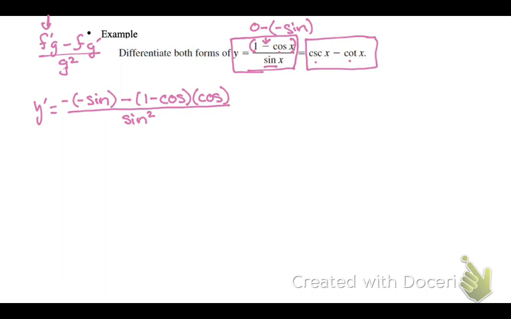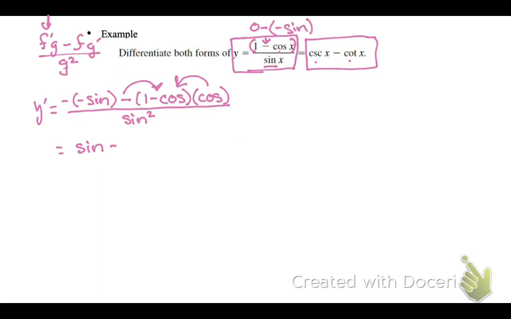Okay, so now I need to consolidate, right? So negative negative would be a positive. And then over here, we'd have minus 1 plus cosine squared, because of distributing the negative. Oh, wait, that's wrong. We need to distribute a negative and a cosine, don't we? Yeah.